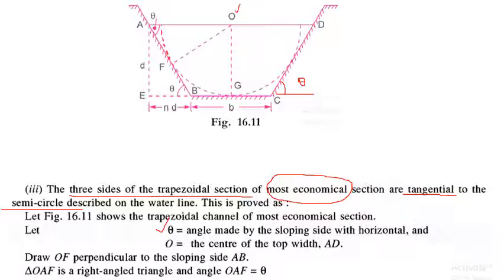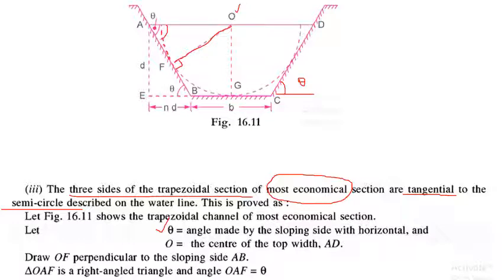Draw OF perpendicular to the sloping side AB. See, this is the line OF. It is perpendicular to AB. That means this is 90 degrees. And also triangle OAF is a right angle triangle and angle OAF is theta.